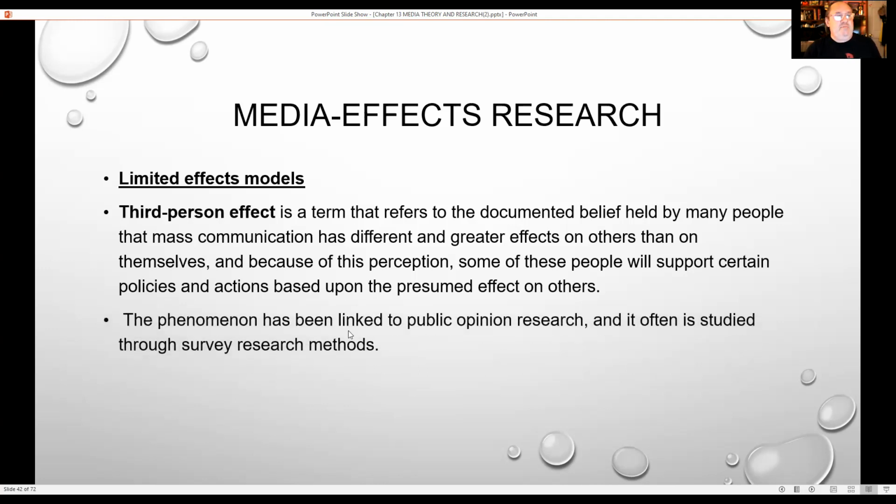This phenomenon has been linked to public opinion research. It's often studied through survey research methods, because people will admit this. They'll even see it as a positive. But every one of us has been affected by a media message. We've all bought things because we saw the commercial.